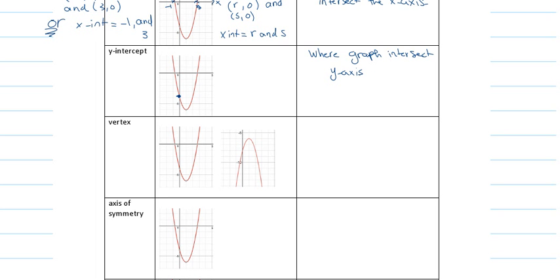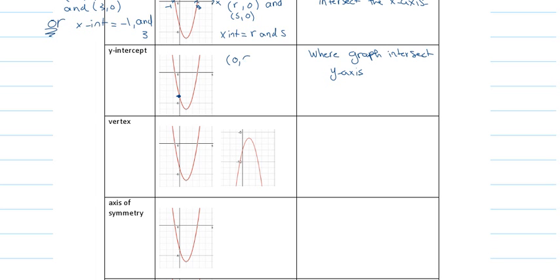How do we write that point? Again, you can write it two different ways. You can write it as a point, whatever that point is, so 0, C. We're going to call it letter C, and again, I'll tell you why later on. Or you can represent it as y-intercept equal to whatever the value is.